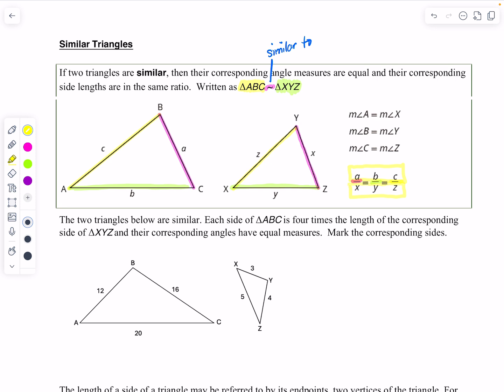You do not want to mix and match them because it'll end up having the wrong value, okay? I also want to point out that angle A, the uppercase angle A here, has the same measure as angle X. The measure of angle B has the same measurement as angle Y, and the angle C has the same measurement as angle Z, okay? So in geometry, we use uppercase letters to denote our angles and lowercase letters to denote our sides.